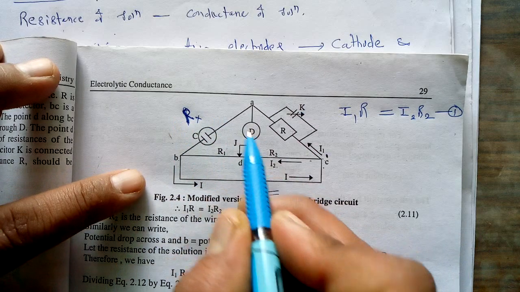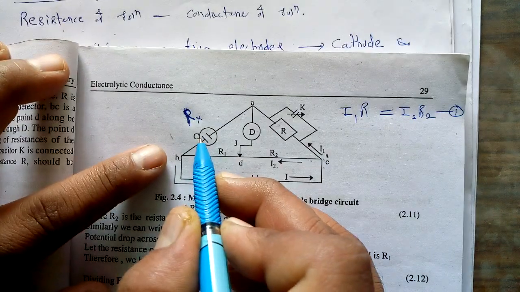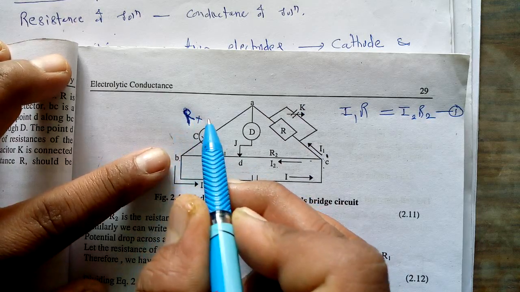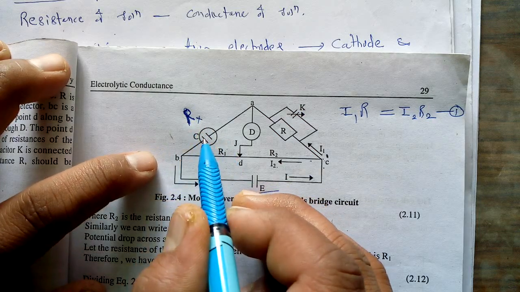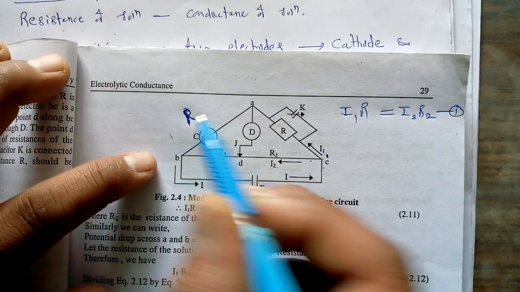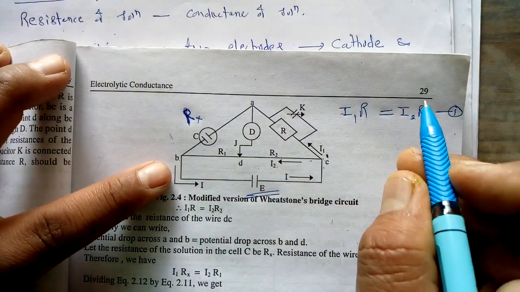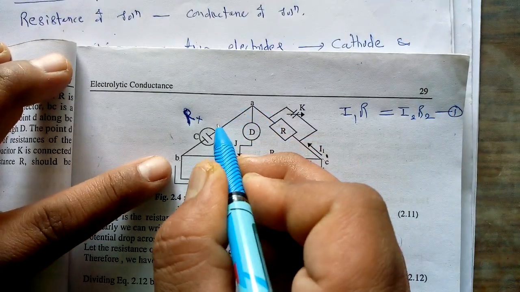Now in this case, this conductivity cell offers the resistance. So what is that resistance? That we have to calculate. Suppose that resistance is equal to Rx. This is the unknown resistance offered by a solution. So what happens? The potential drop across this AB is equal to, what is the current now? This current is again equal to this I1 in this case also.